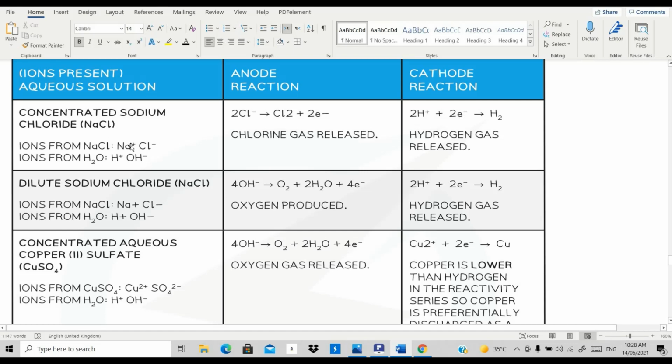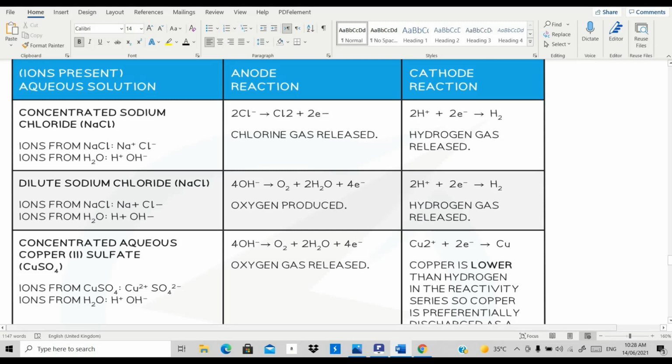Among these ions there is also a series from most reactive to least reactive. I'm not showing that, but whenever they ask about concentrated sodium chloride, concentrated means Cl minus will always be discharged at the anode. So the equation will be 2Cl minus gives Cl2 plus 2e minus. But now they're asking only for the cathode, so I'll mention only this equation.